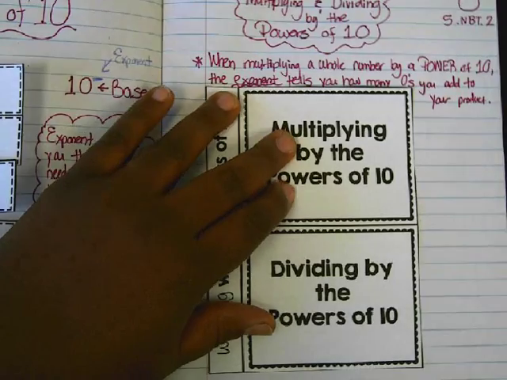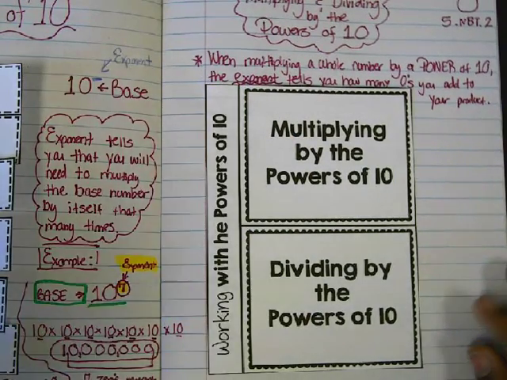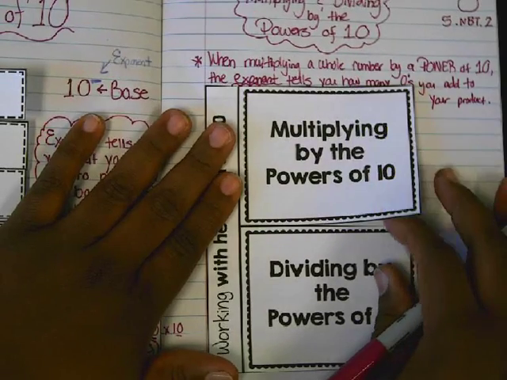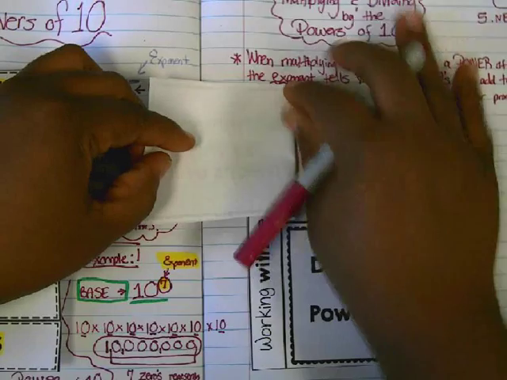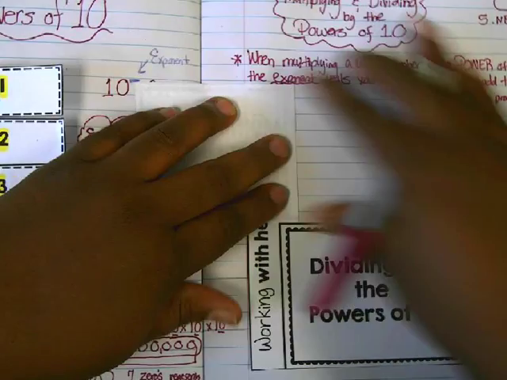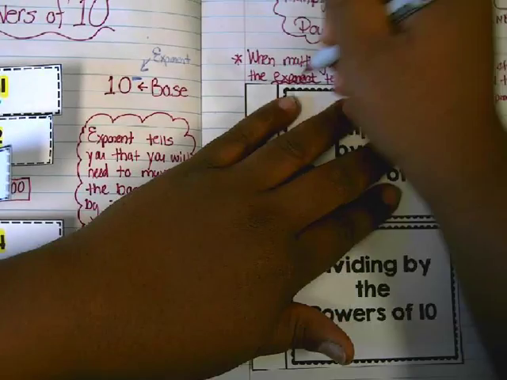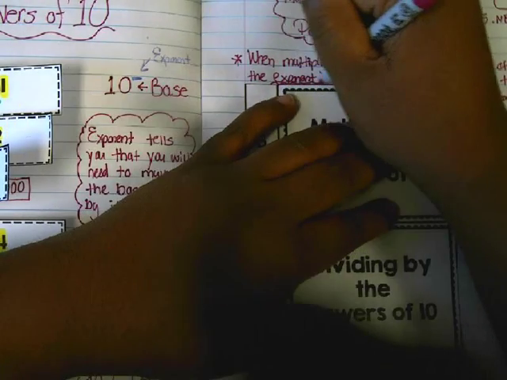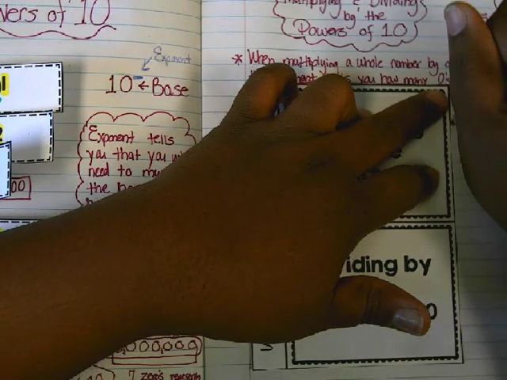First example, multiplying by the powers of 10. Let's go ahead and pull this flat back, and I am going to give you an example. So here's, let me outline this. I just feel like, for some reason, I should just outline this with my pen. And you, boys and girls, do not use a pen, use a pencil.